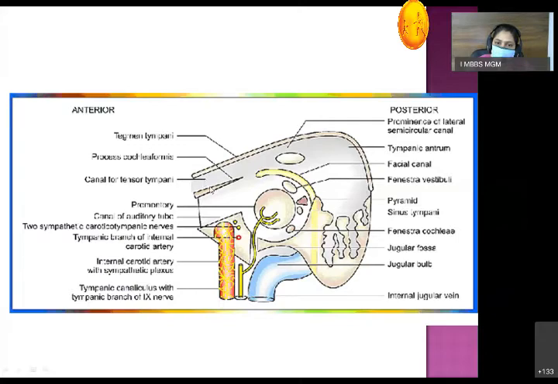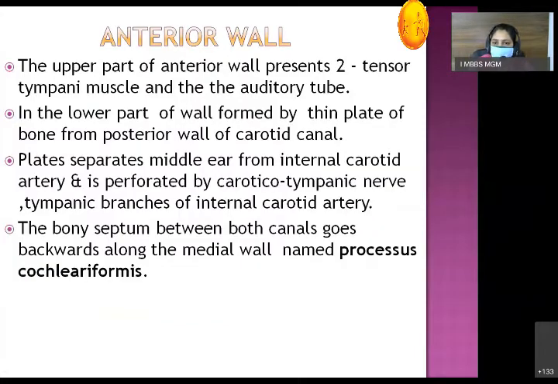In the upper part of this anterior wall, there is again a canal for the muscle called tensor tympani. So if you see the anterior wall, in the upper part there are two openings.